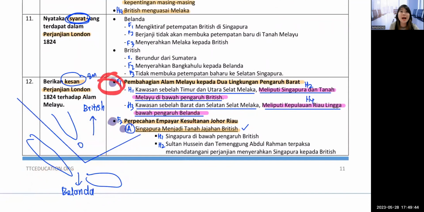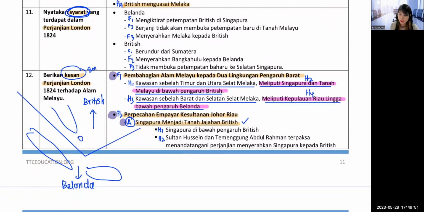So the first fakta is pembagian alam Melayu kepada 2 lingkungan pengaruh barat, which you can say kawasan sebelah timur and utara Selat Melaka is British one. Or you can say Singapore and Tanah Melayu is British one. So you have 1 and 2. Of course, this is easier for you to remember in your exam.